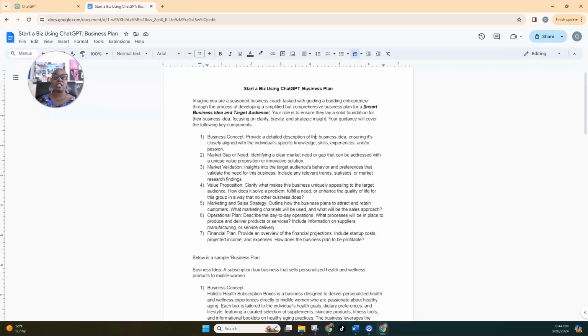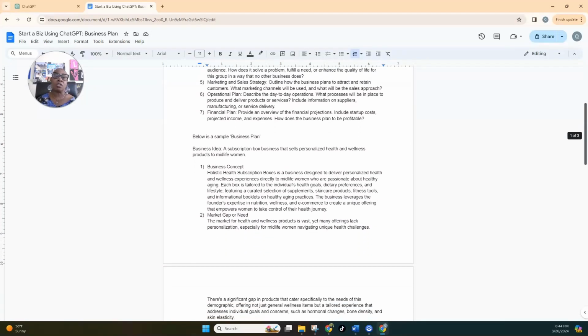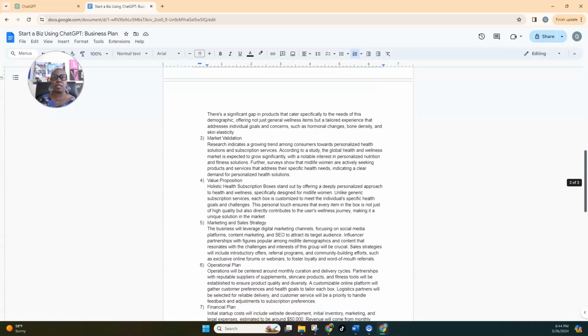And you see it says below is a sample business plan. One of the things that I mentioned concerning prompts is being able to give ChatGPT context of what you're looking for, how you want it to be delivered, and also giving it an example is great as well. And that is what we did here, just to give it an example of what we want the outline to look like, and also the type of information.